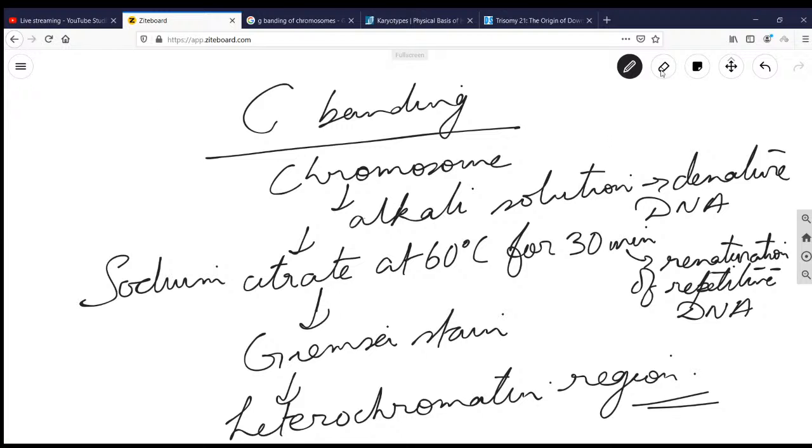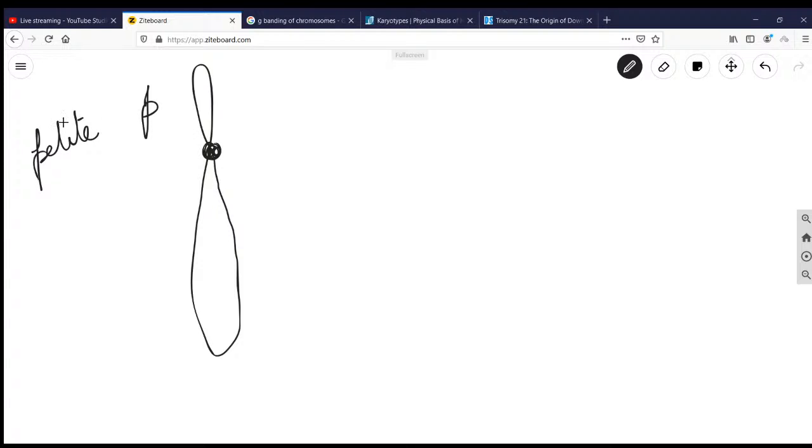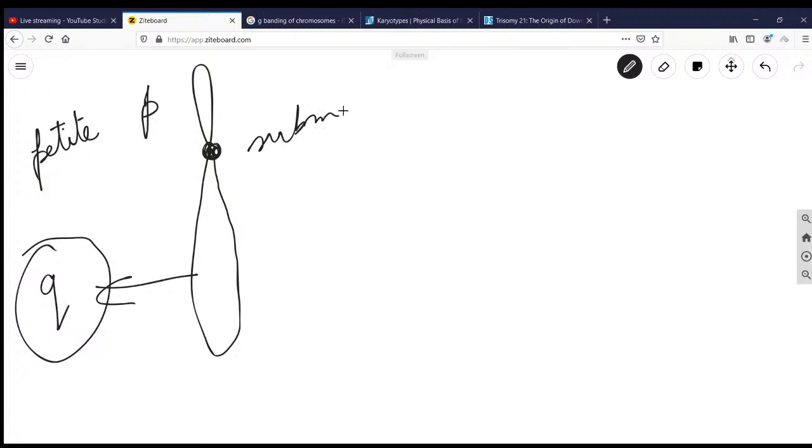Each chromosome has one long and one short arm. The short arm is known as the p arm, petite. The long arm is known as the q arm. There is no full form of q, because q comes after p, so it is known as the long arm. Suppose this is a submetacentric chromosome.